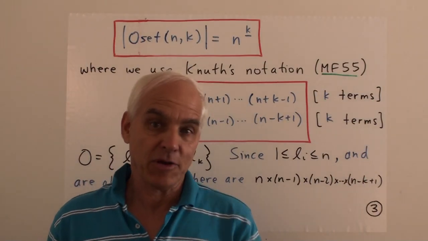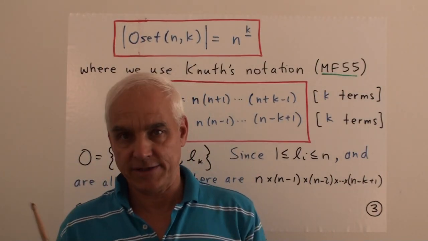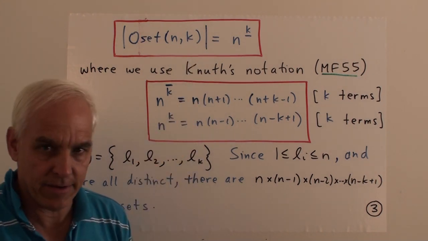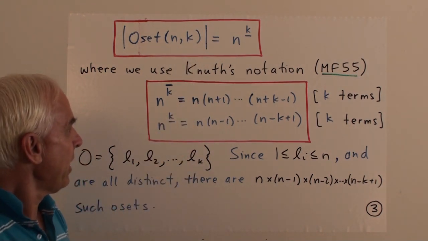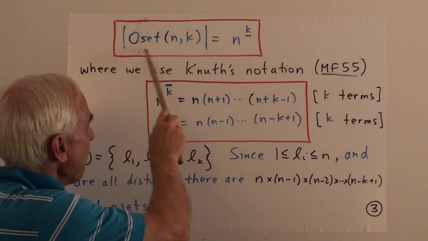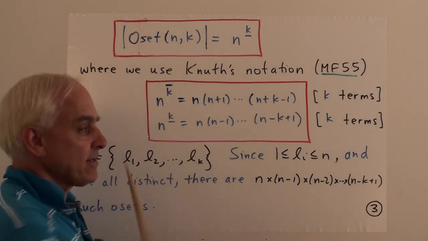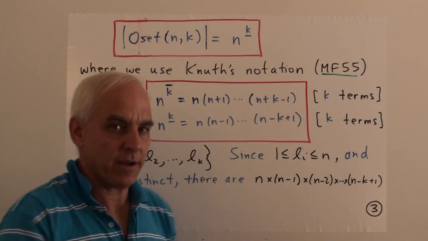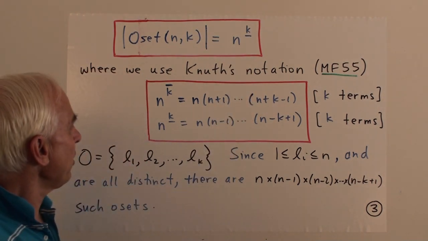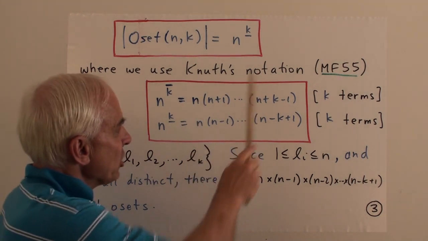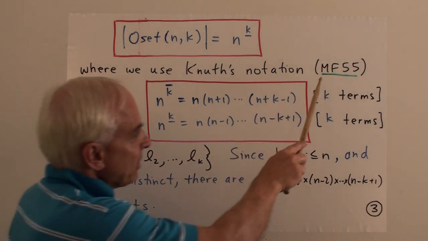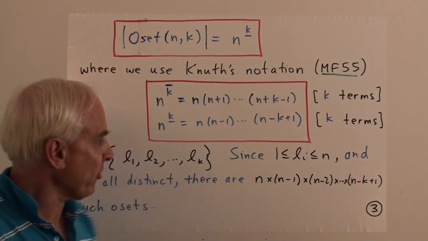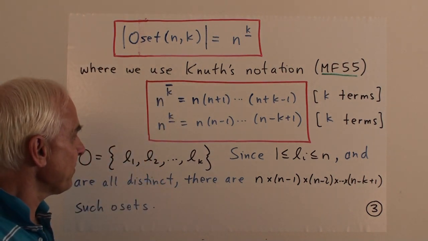Okay, good. So our next counting problem is to count ordered sets. We're talking about k ordered sets from n. And the formula is that the number of O set n k's is equal to n to the k falling. We're using here Knuth's notation that we talked about in Math Foundations 55 when we were talking about the binomial theorem and binomial coefficients.